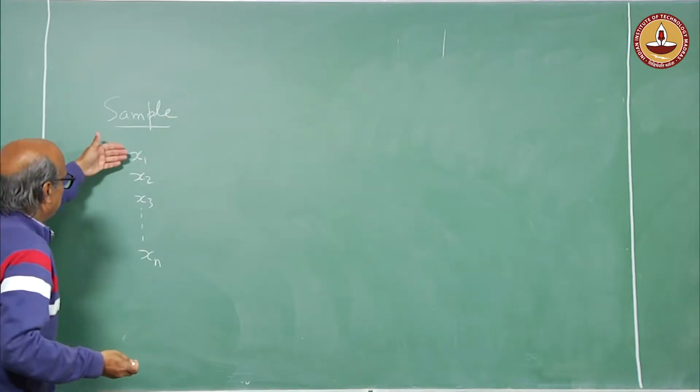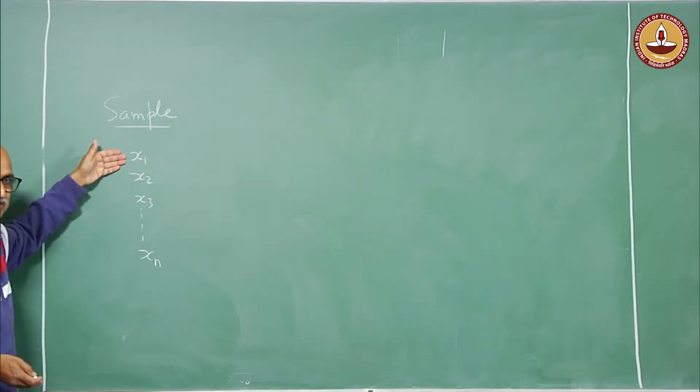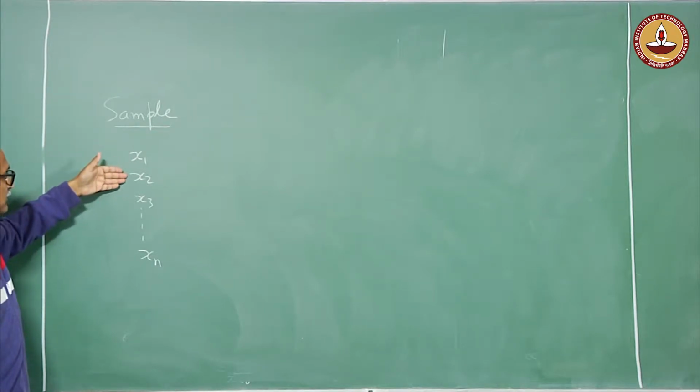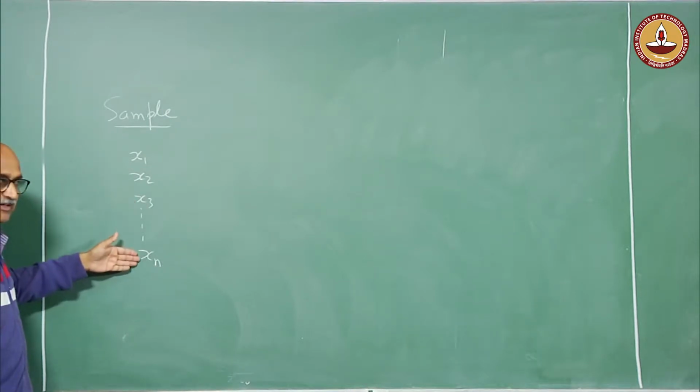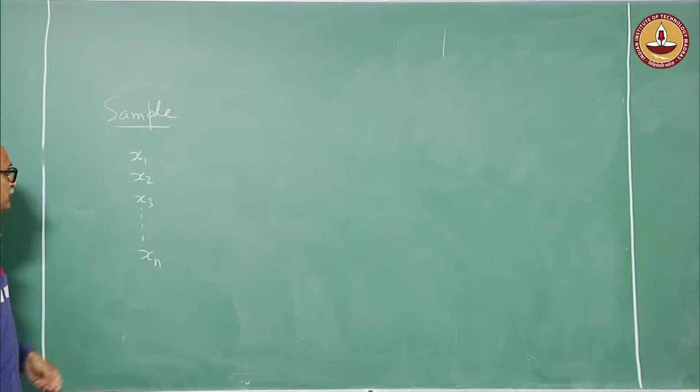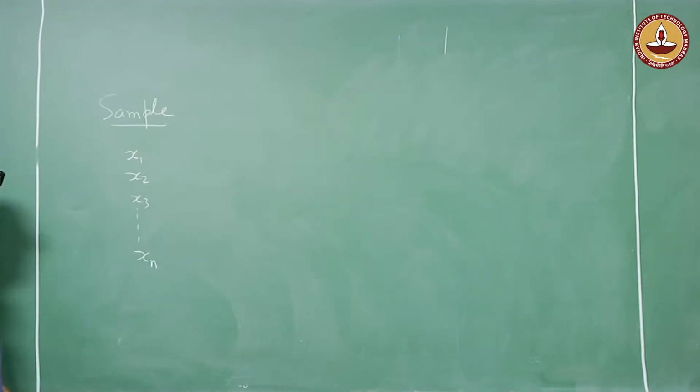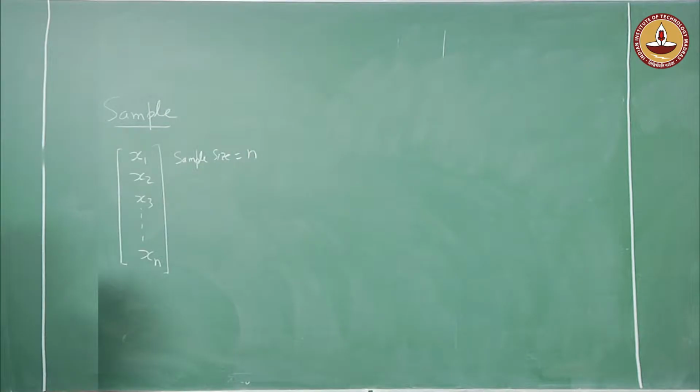That is, in one region of the microstructure you measured perhaps a point fraction x1, in another region x2, x3, up to xn. This is your sample, and we say that your sample size here is n. Obviously, intuitively, the larger our sample size, the better our prediction should be.